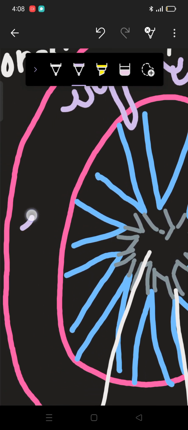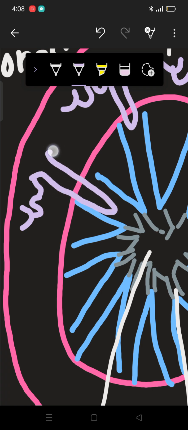Now I am going to make the juxtamedullary nephron here. As you can see, this is the PCT. The only difference is that here the loop of Henle is going to the medulla.